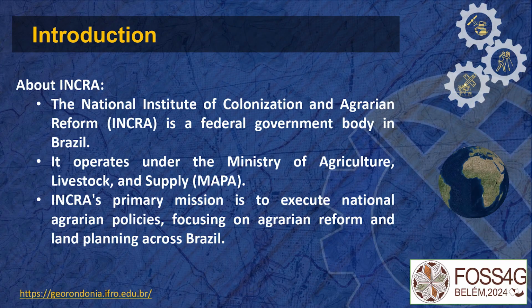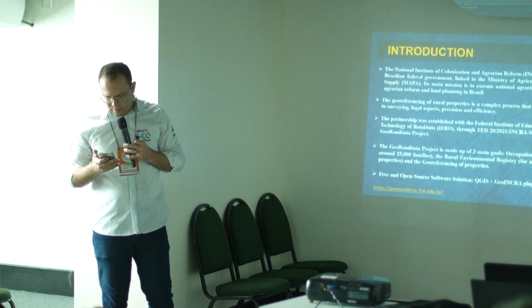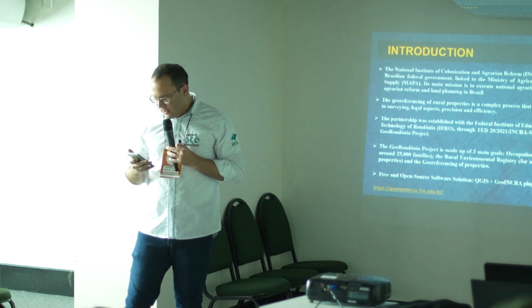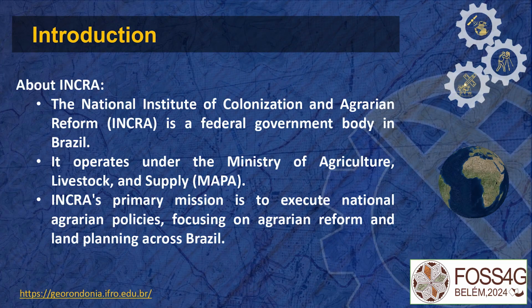The letters are a little small, but I will read here. The GeoRondônia Project aims to address the key goals: occupational supervision for 25,000 families, rural environment registry for the same number of properties, and the georeferencing of rural properties.